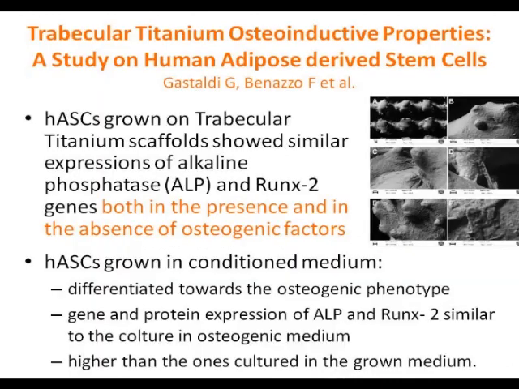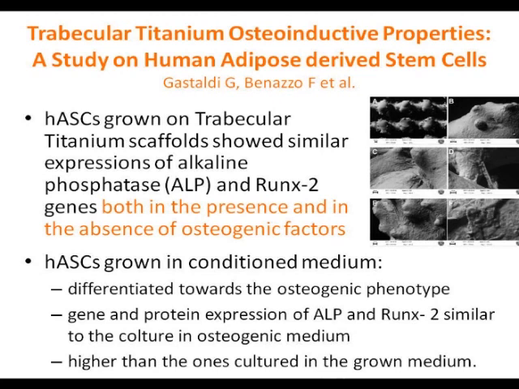And this is something we are doing now, using adipose-derived stem cells from the patient we operate, we let them grow on this trabecular titanium scaffold, and this scaffold shows the ability to be osteoinductive without any specific use of growth or conditioning medium, and we have just submitted this paper.